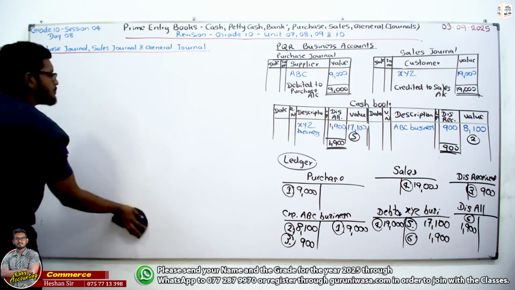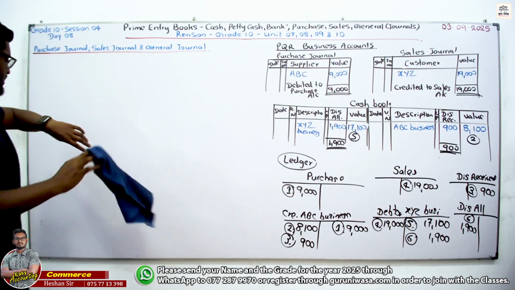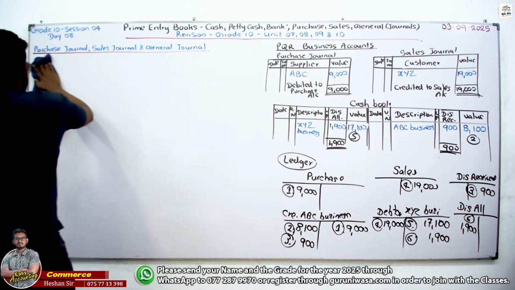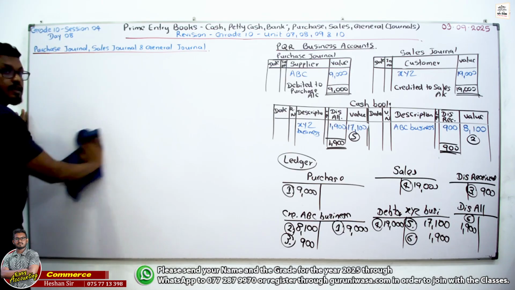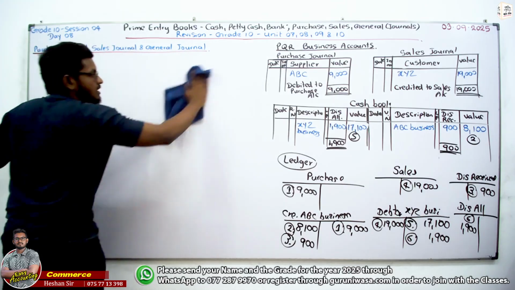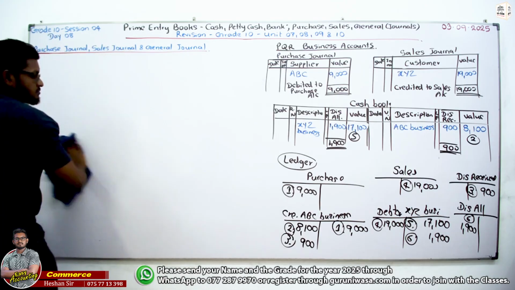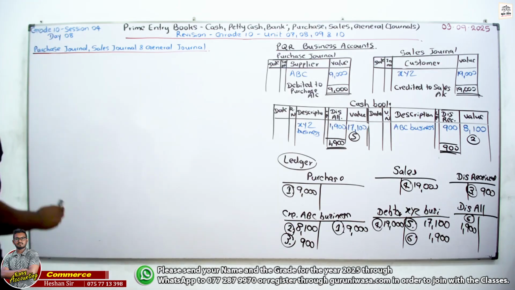Okay, I'll give you some past paper related questions related to purchase journal and sales journal, like 5 transactions. Can you hear me, guys? So let's write one example. Write with me.